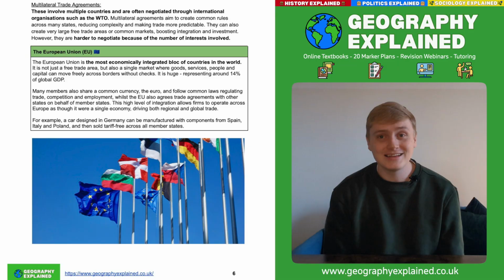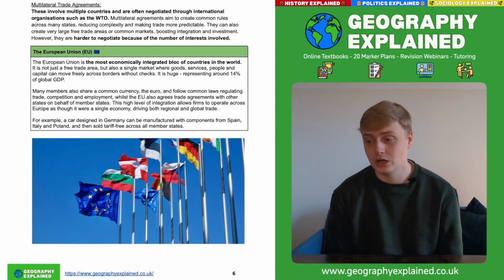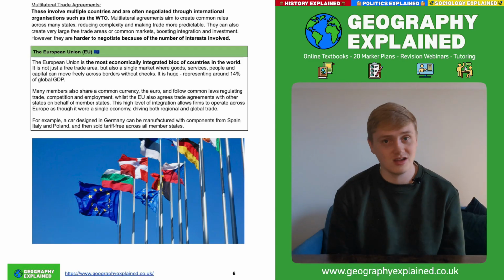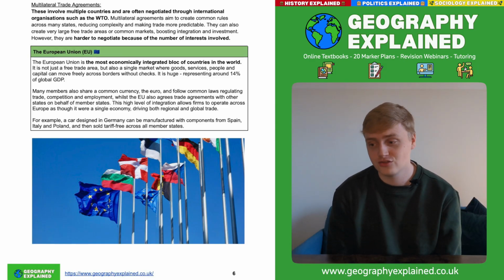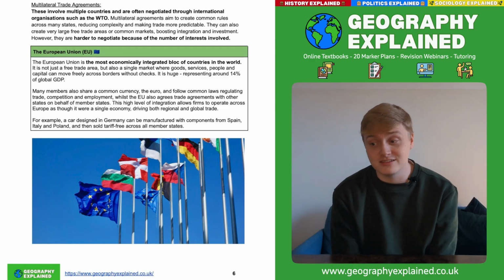There's also multilateral trade agreements. So as you can probably guess, these aren't just between two countries. These involve multiple countries and are often negotiated through international organizations such as the WTO. They can be harder to negotiate because there's a number of different countries who have different interests involved, but they can be really effective. The clearest example of the most significant multilateral trade agreement is the European Union.